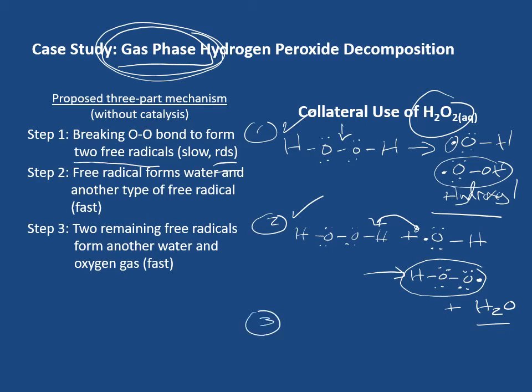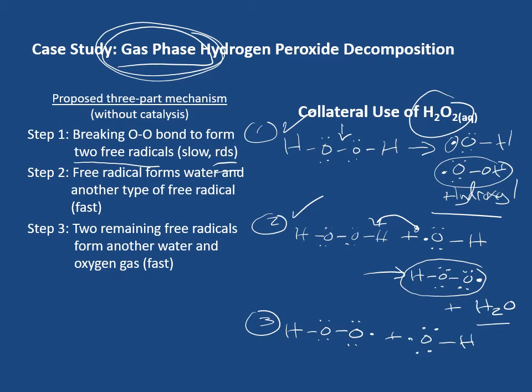So the third step is those 2 highly reactive free radicals that are products in steps 1 and 2, and are now reactants in step 3. So I'm just going to bring them down here. So there's the one from step 2 and the free radical from step 1.